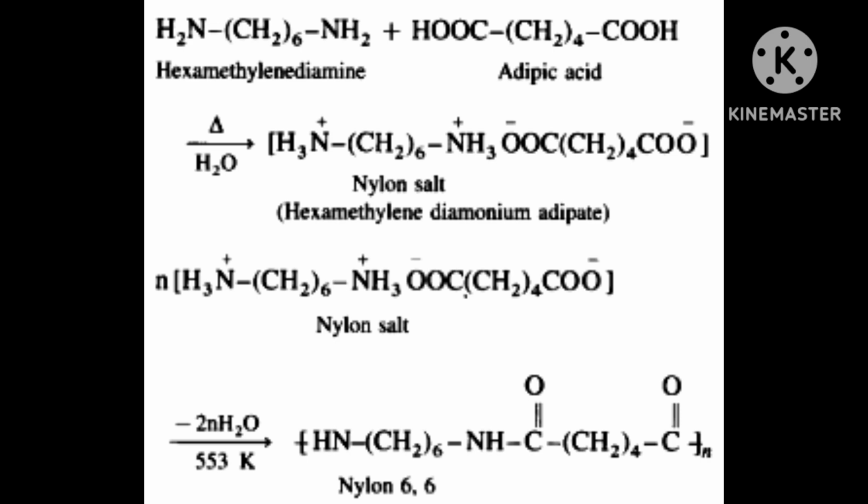Now nylon 6,6, I am telling you quickly, you will understand, because already once I have explained. It is prepared by the condensation polymerization of hexamethylene diamine with adipic acid under high pressure and at a high temperature. Adipic acid, that is CH2 whole 4, both sides COOH will be there, correct?